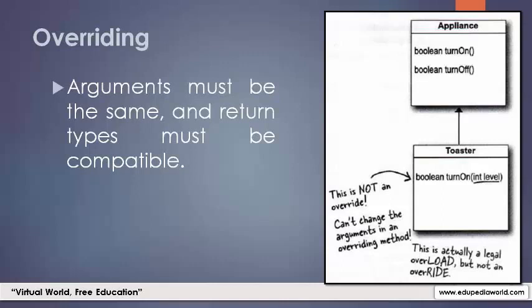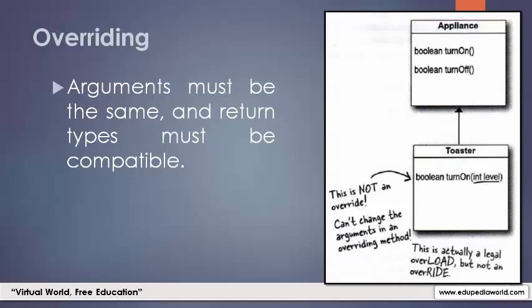Therefore, let's take an is-a test. Now, appliance is a toaster doesn't make sense either, but toaster is an appliance. It works out. That means toaster is a subclass of appliance and appliance is a superclass of the toaster. Therefore, when we declare the toaster class, we say toaster extends appliance.